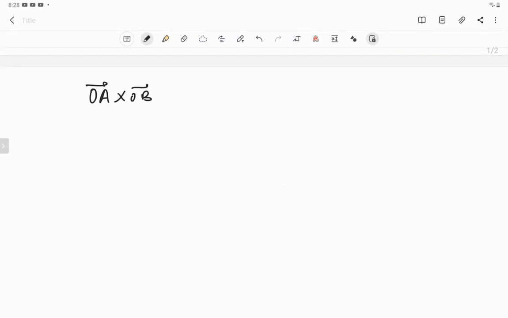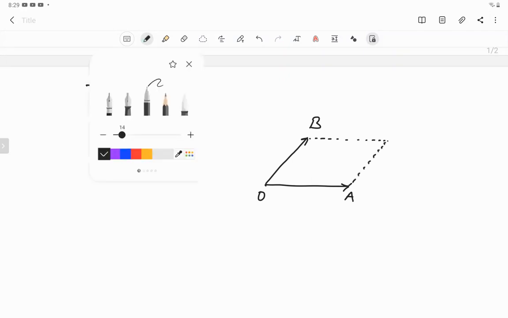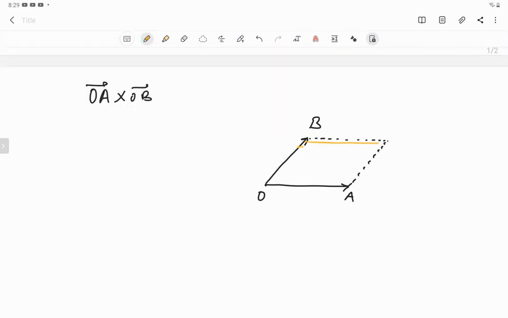OA cross OB is a vector, perpendicular to the plane containing OA and OB, but the length of this vector is equal to the area of this parallelogram.